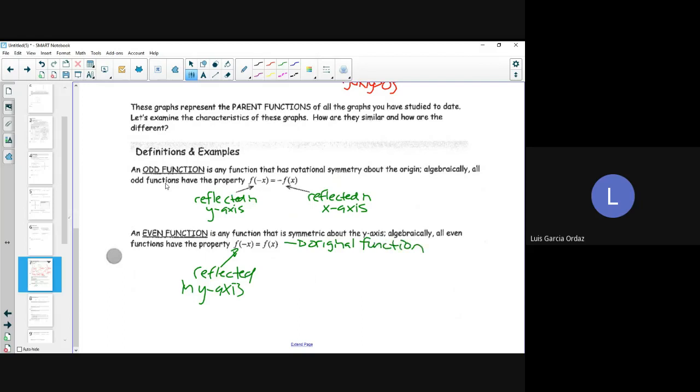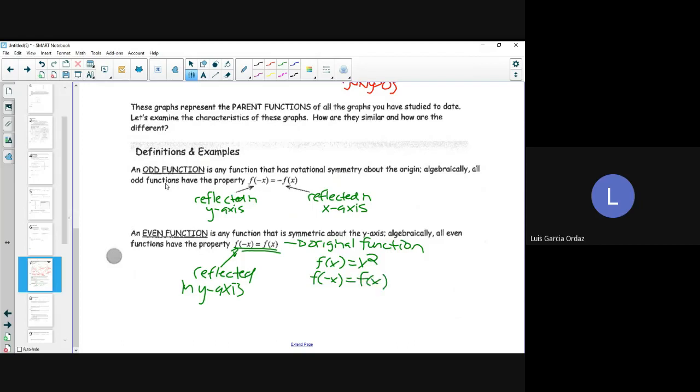So I'll show you guys an example right now of what it means to prove. Let's take the function f of x is equal to x squared. We want to prove that it's even, so we need to prove this definition: f of negative x is equal to f of x.